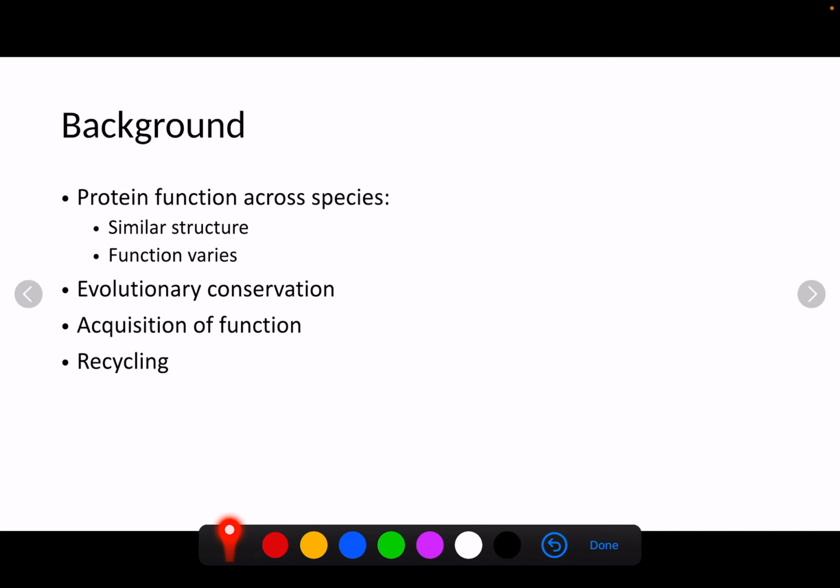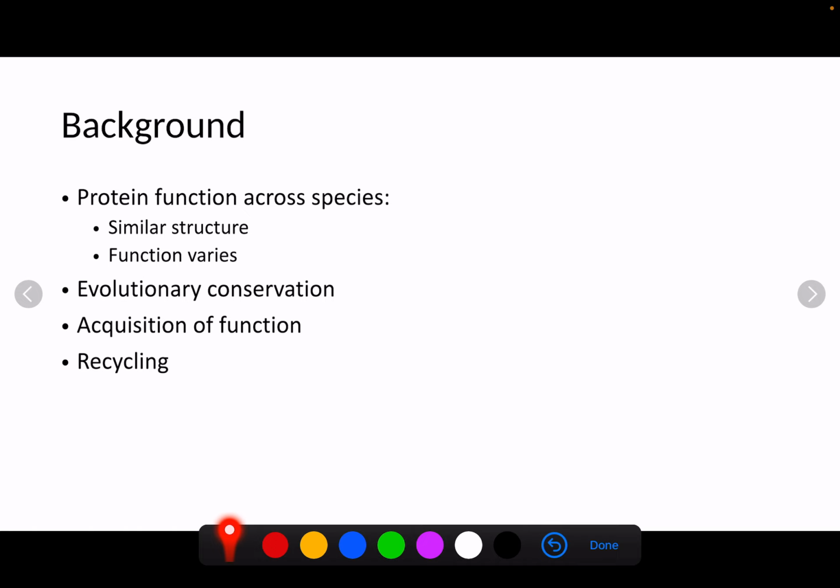The point I'm really trying to prove here is that throughout these three papers, there is a very general theme that I can see, which is that protein function across species is very similar in structure. The function can be the same set of reactions, but depending on the context, the purposes are very different.